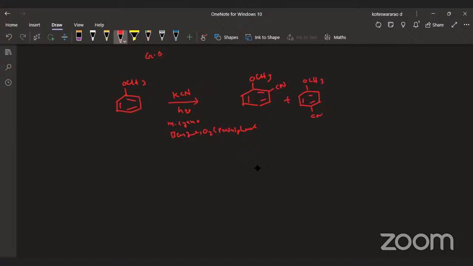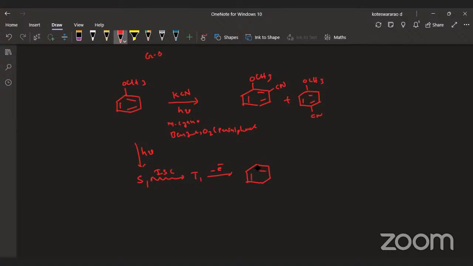Okay, what is the mechanism? When there is irradiation, it creates the formation of a singlet excited state that undergoes intersystem crossing. That leads to the formation of the T1 state. Then, involving electron ejection, it leads to the formation of a cation radical.